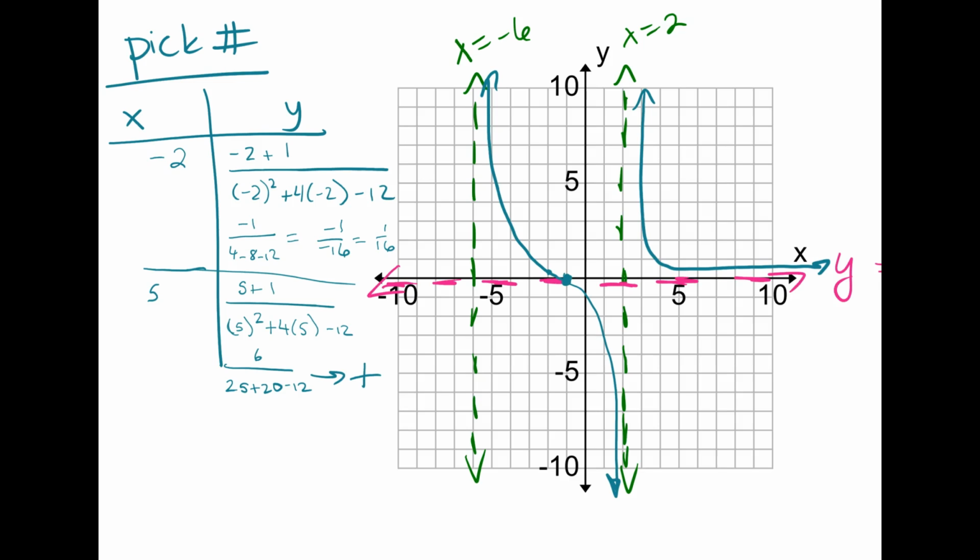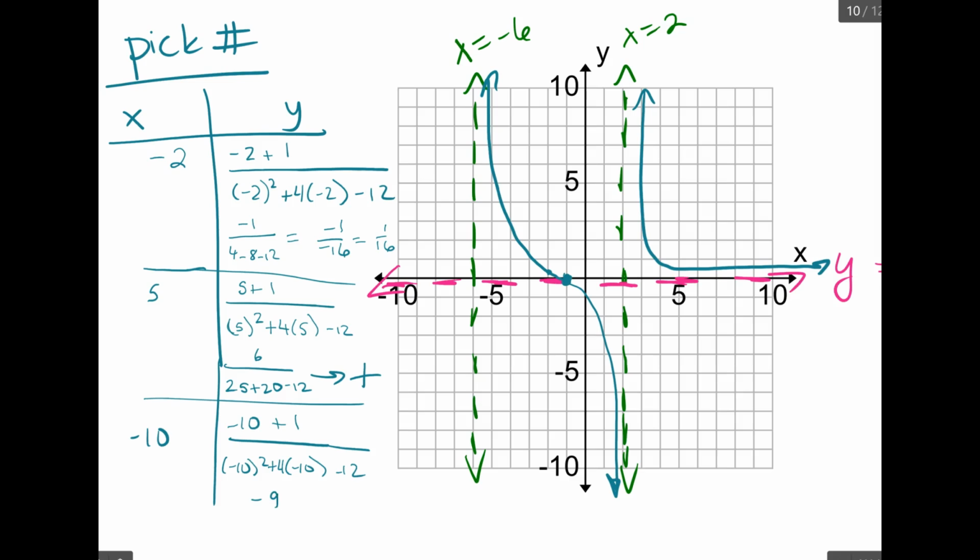Alright. Should we plug in like negative 7, negative 8? What do you think? Negative 10? I mean, that's fine. It will tell us which side it's on. So I put in negative 10. Okay, so I have negative 10 plus 1 over negative 10 squared plus 4 times negative 10 minus 12.